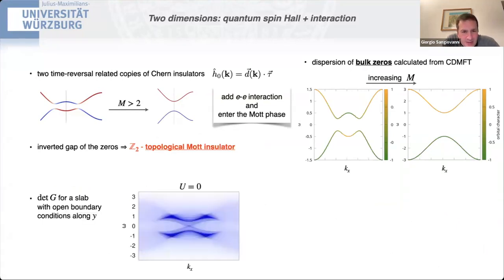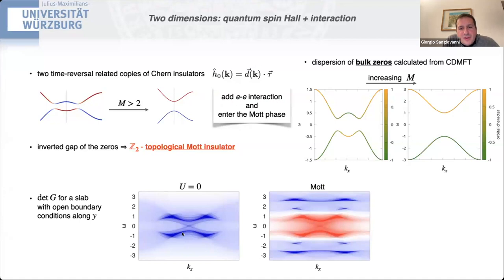And if we make a slab of that, the determinant again will give edge poles for u equals 0 and edge zeros in the Mott phase. You see here where you have upper and lower rubber bands, and then in the center, this gapless edge zero.